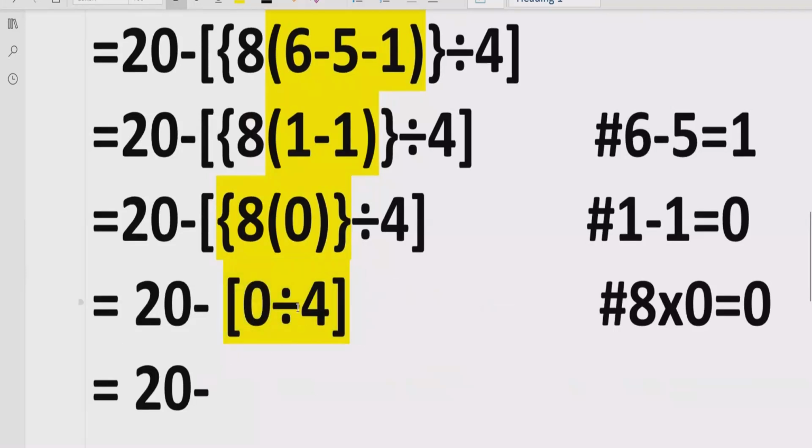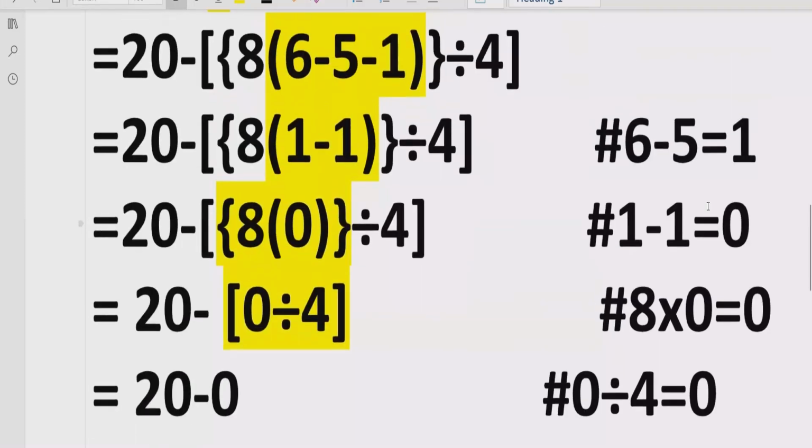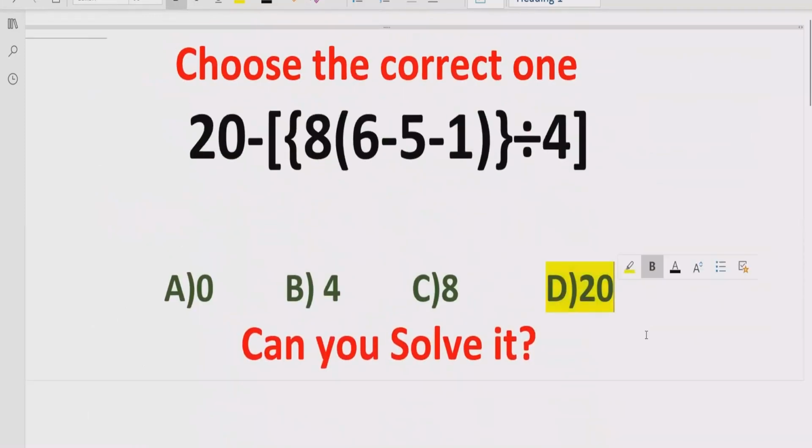So 0 divided by 4: 0 divided by any number, we get the answer 0. So the answer of this part, 0 divided by 4, equals 0. Now we have two terms which are subtracting each other. So 20 minus 0 equals 20. So if you see the answer, answer D is the correct answer of this expression.